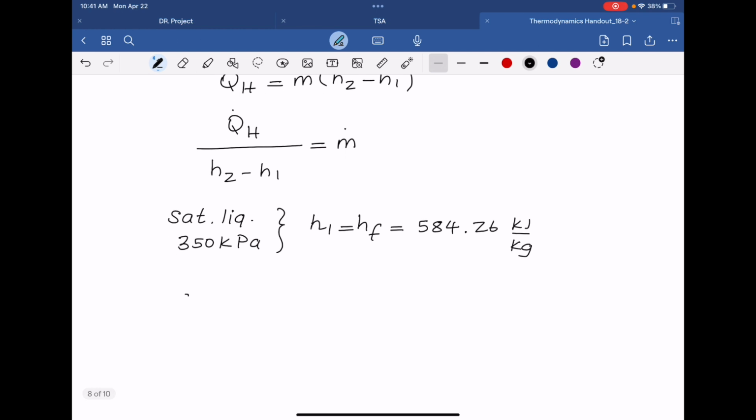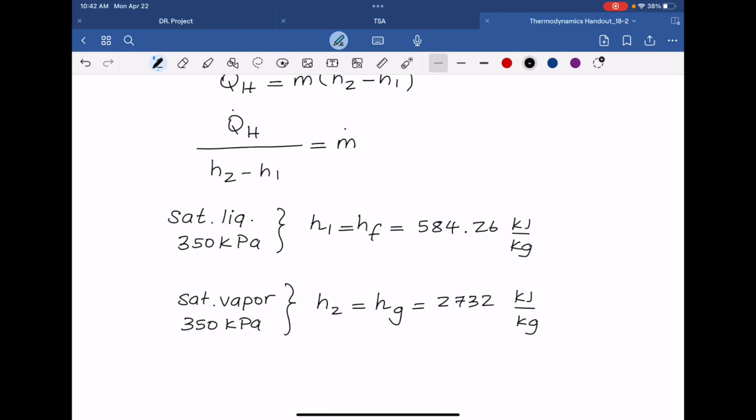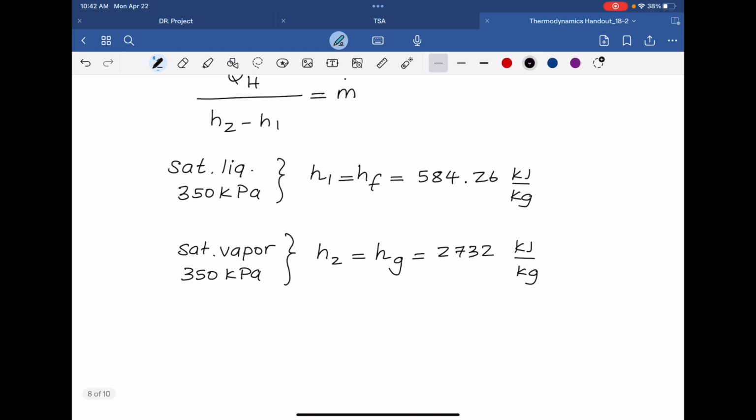For the exit, it's a saturated vapor at the same pressure. When I say H2, it's the exit, right? Exit enthalpy. And then plug it into our equation.